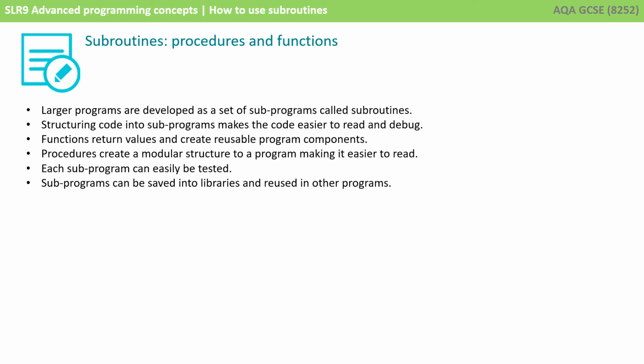There are functions which return values and create reusable program components, and there are procedures that simply create a modular structure to a program, break it down and make it easier to read, but they don't return values. Each subprogram can be easily tested, and subprograms can be saved into libraries and then imported and reused in other programs.